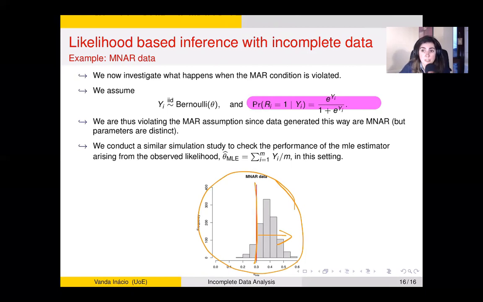And then we will start learning about the EM algorithm, an algorithm tailored for maximum likelihood estimation in the presence of missing data that sometimes simplifies the calculations that we have to do, but that's for next week.